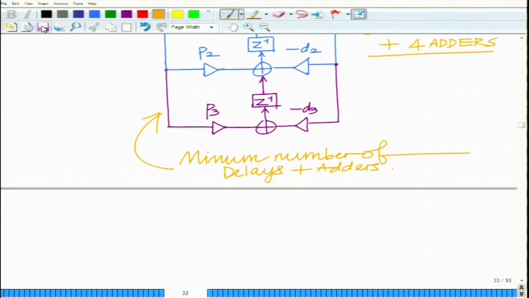Okay. So, that describes basically the direct form 2 transpose. Alright. So, in this module what we have seen is we have looked at the direct form 1 its transpose structure, and also the direct form 2 its transpose structure, and we have seen that the direct form 2 transpose results in the minimum number of adders and delays.